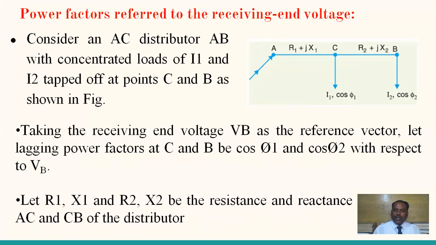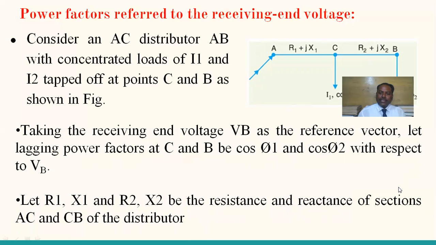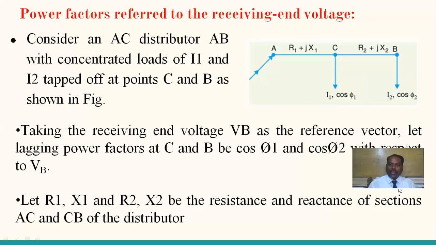Let R1, X1 and R2, X2 be the resistances and reactances of sections AC and CB respectively of the distributor. So for this case, how is the voltage drop to be calculated?